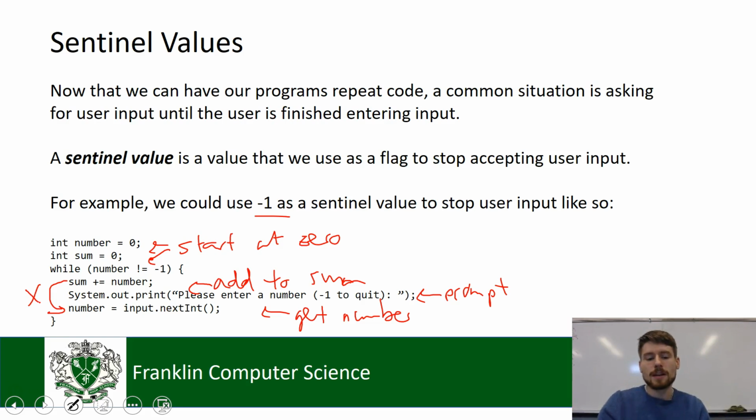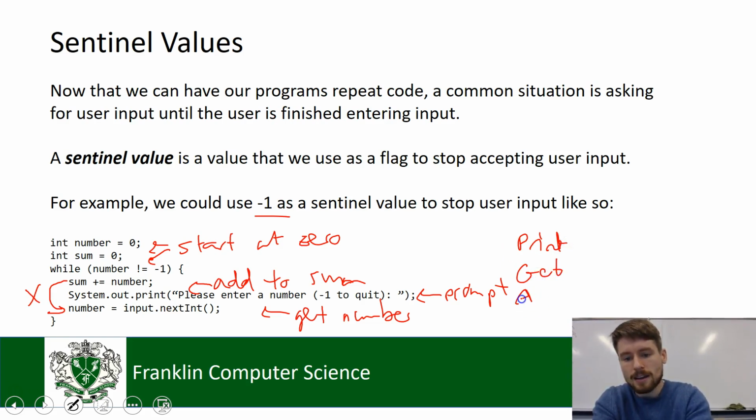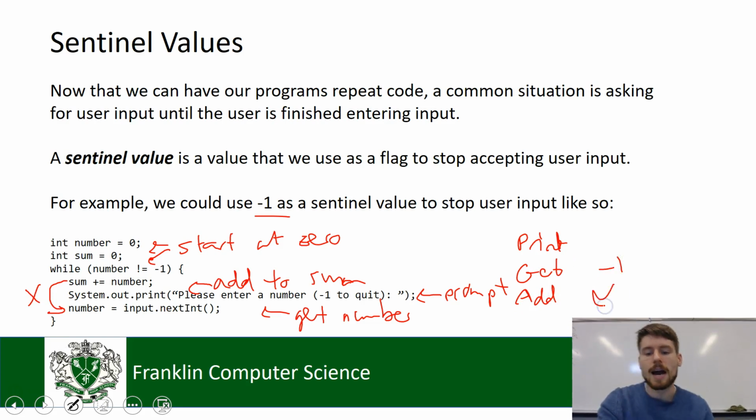If it was reordered so that you've got your print and then get and then add, then when you do the last one, -1, it's going to get added to the sum, and that's unintended. We don't want that to happen.